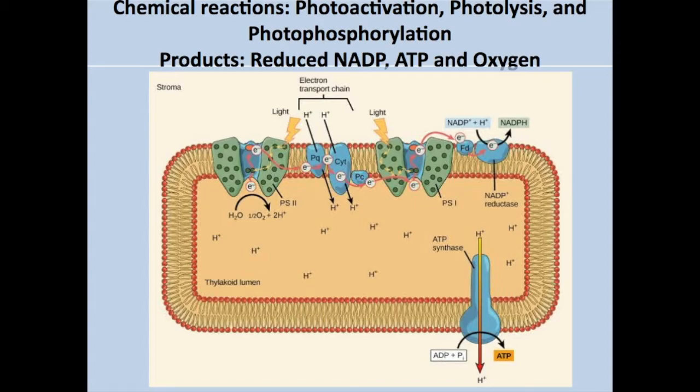If they lose their electrons, and if they move from carrier to carrier, we've learned this before. If a protein has an electron, it becomes energized. So as it moves from here to here to here to here, these proteins are now energized to pump protons from the stroma into the thylakoid space.